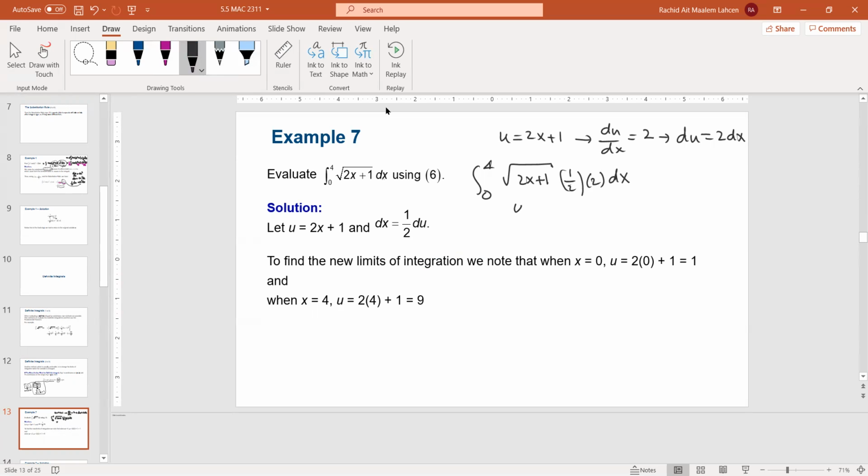So if u is 2x plus 1, then du is going to be 2 dx. Which means since we only have a dx there, we don't have a 2, we're going to need to use the half. So dx is going to be a half du.